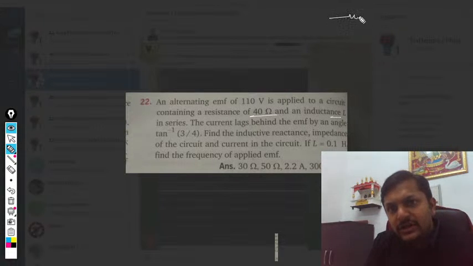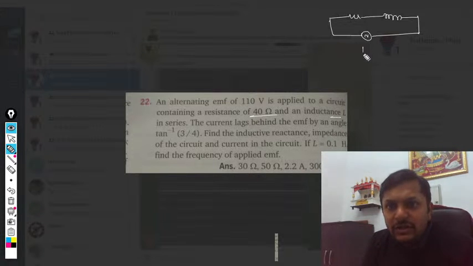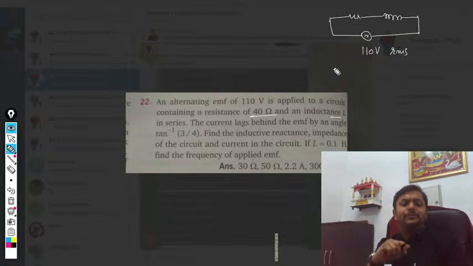So there is a resistance and inductance. This is the alternating current. So the EMF here is this. This must be the RMS value, that is why it is given in this way.